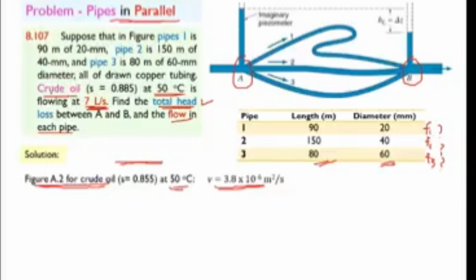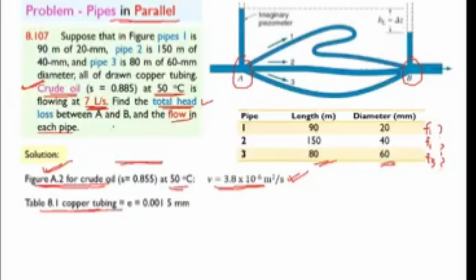We have crude oil. It's not water. So for that, you have to read the value from figure A2, which is given in the appendix of the book. So the kinematic viscosity is now this much. So also, it is stated that the pipe is copper tubing. You can see here, it is mentioned that the pipe material is copper tubing.